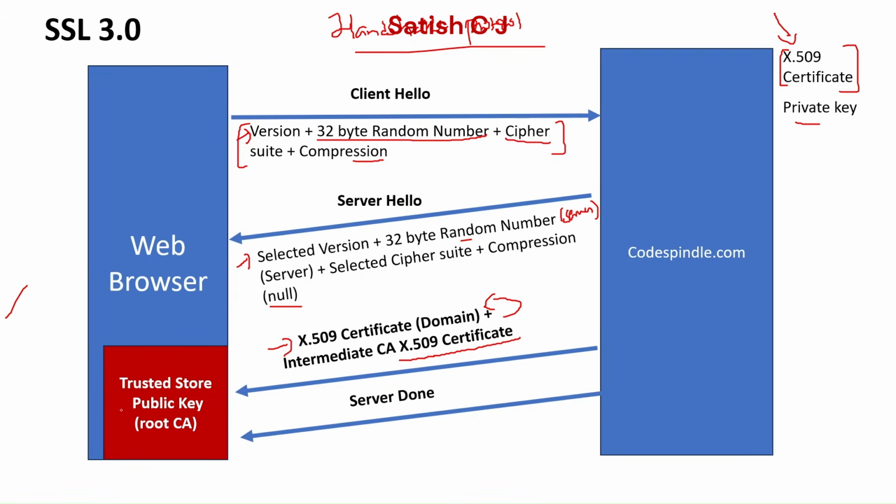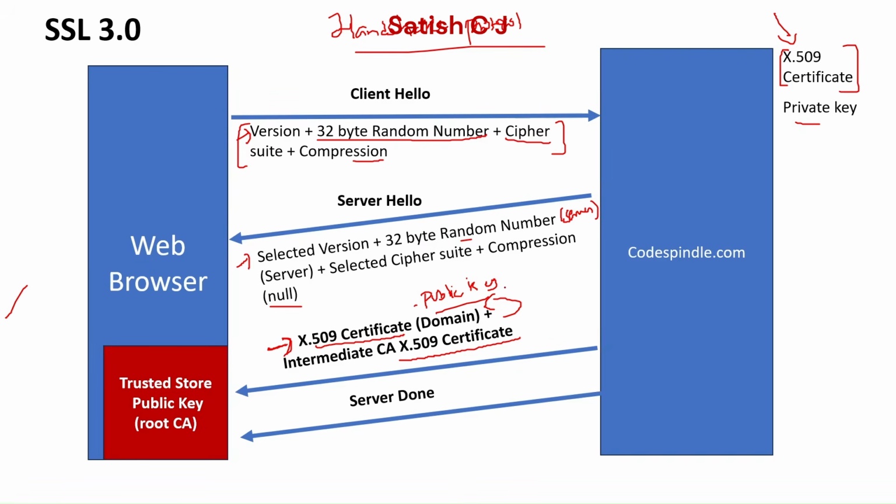Now, what the client does here is verify the certificate. It first verifies the domain certificate, and for that it uses the public key of the CA. There's a digital signature here. We have discussed this verification in the previous lecture on x.509, so please visit that.